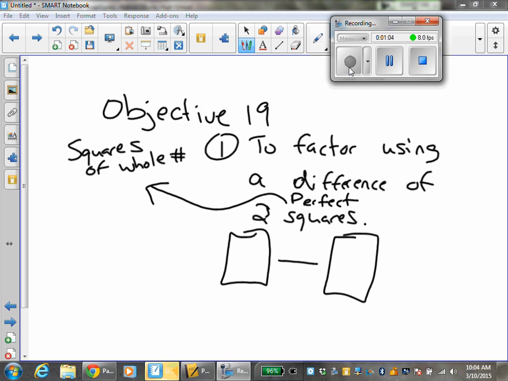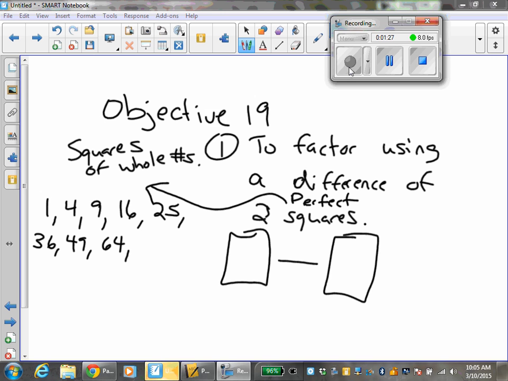Okay, so let's review the list. Remember the list you had to write in under a minute? Let's review our perfect squares from 1 to 20. Okay, Harvey started us off. 1, 4, 9, 16, 25. Keep rolling. 36, 49, 64, 81, 100, 121, 144, 169.